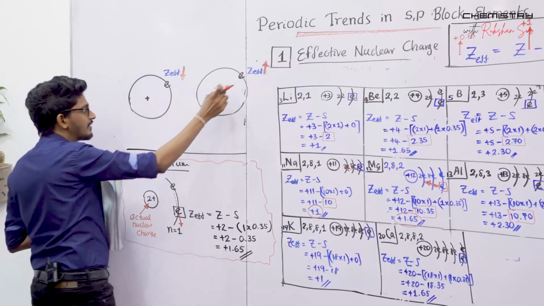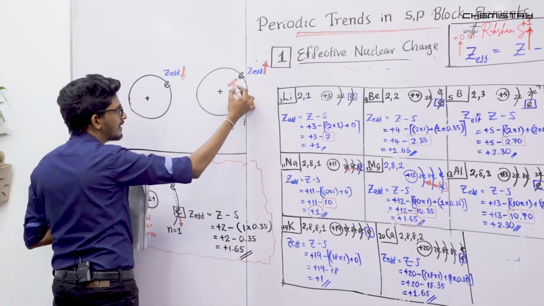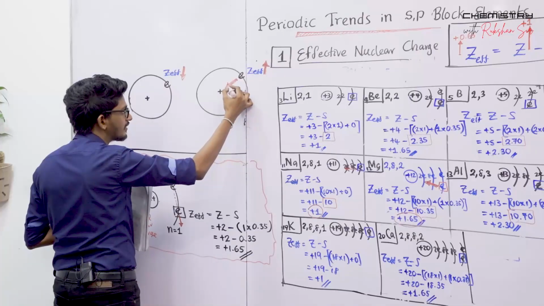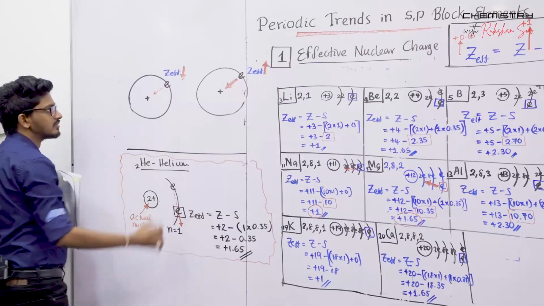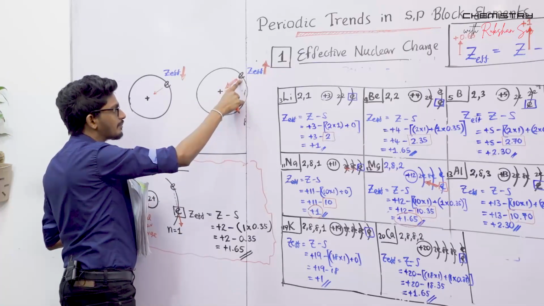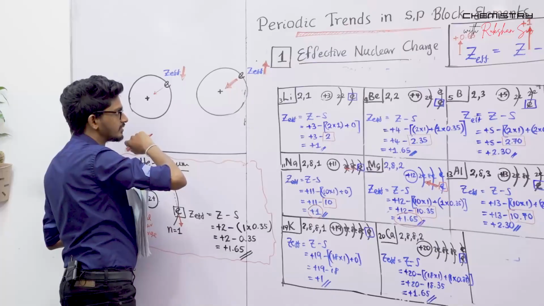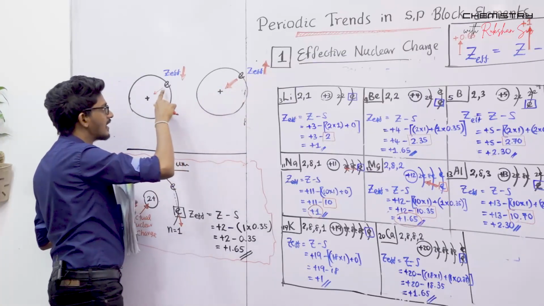This electron feels a much greater nuclear charge. That means it will be greatly attracted to its nucleus compared to this one.